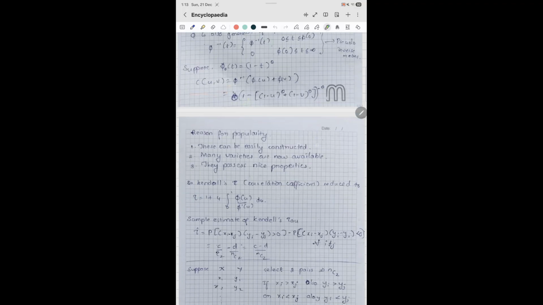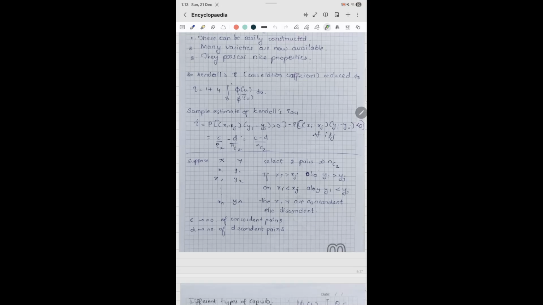Why are we taking Kendall's correlation? The Kendall's correlation coefficient becomes easy in the form of the Archimedean Copula: it is 1 plus 4 times the integral from 0 to 1 of phi of u over phi inverse of u du.